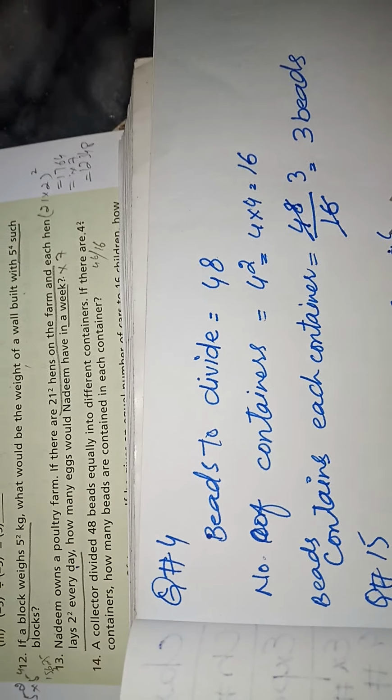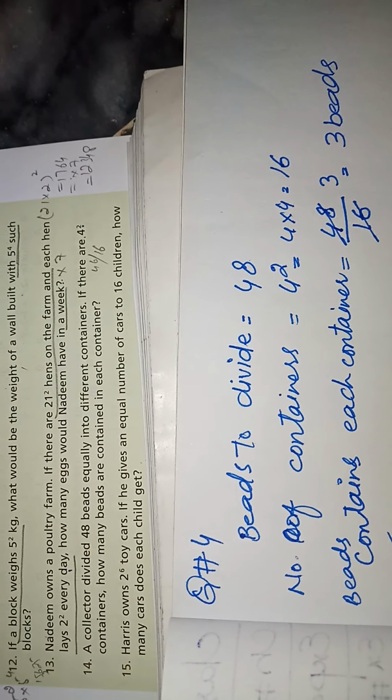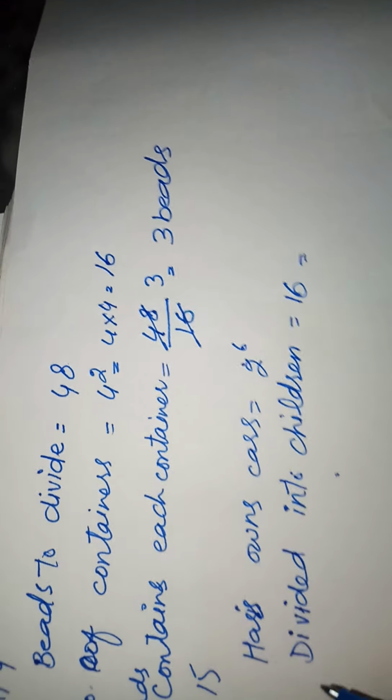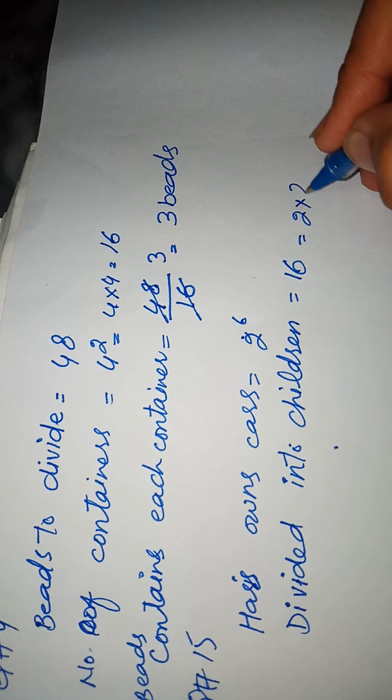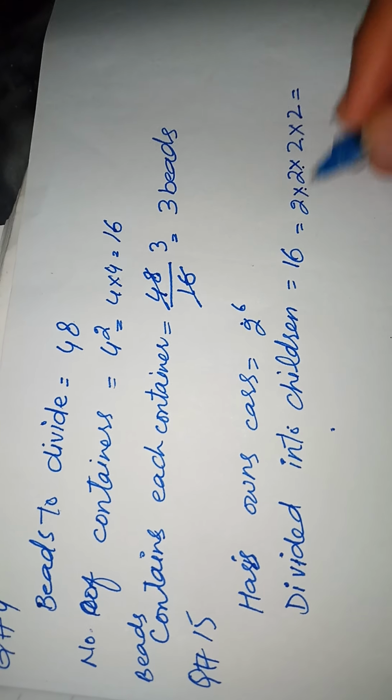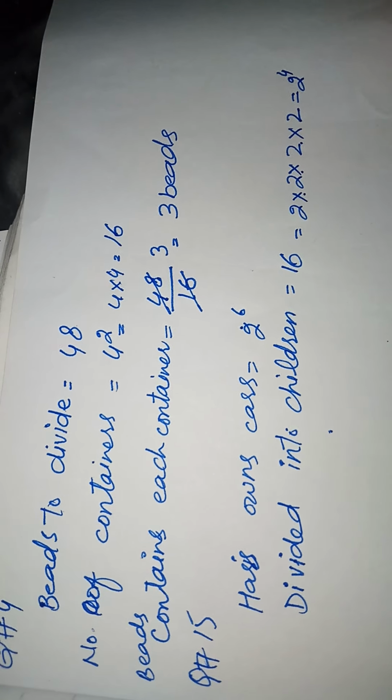He owns 2 raised to power 6 cars, divided into children. In how many children has he divided them? In 16 children. So we can write it as 2 twos are 4, 4 twos are 8, 8 twos are 16, so 16 is 2 raised to power 4.